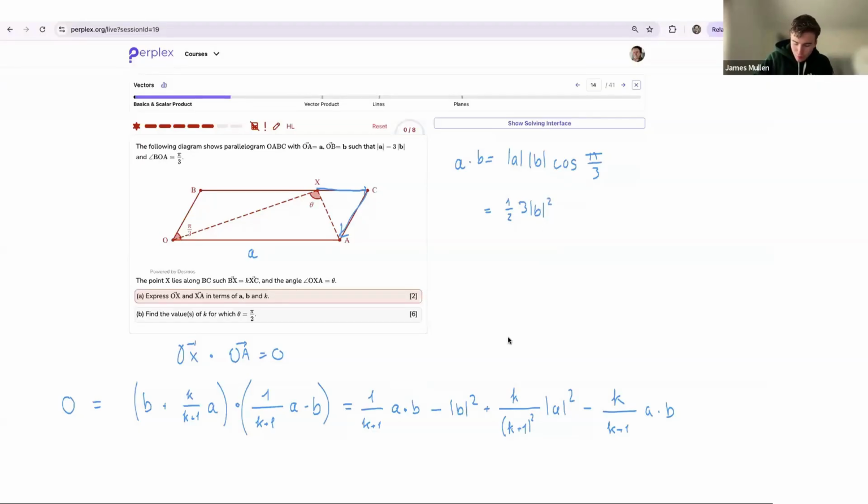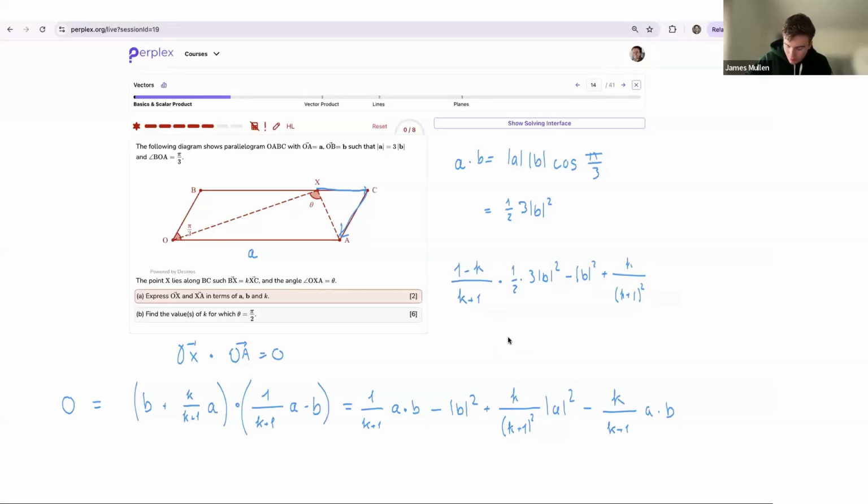Now I can plug that back into this formula I have, and if I add these two terms together, I have a 1 over K plus 1 A dot B, and then a negative K over K plus 1, so I'm going to have 1 minus K over K plus 1, times what I just found, so times half times 3B squared, minus B squared, and then a plus K over K plus 1 squared times the magnitude of A squared.